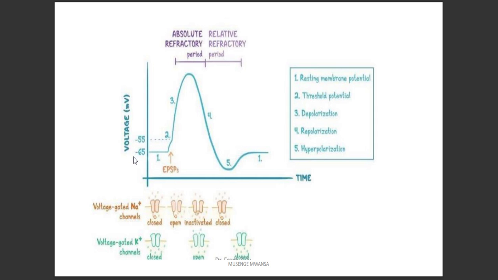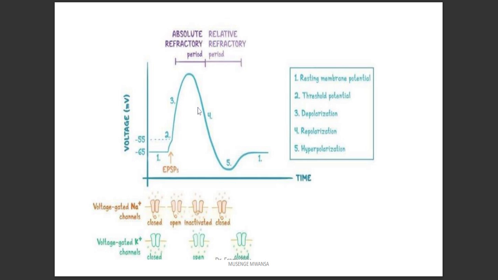So if inside the cell the charge is negative 65, I start reducing, I mean the charge. Now, if I'm going up, of course, it's not reducing, because I'm increasing. See, we have negative 65, we're going to negative 55. Negative 55 is bigger than negative 65. So what are we doing? We are depolarizing the cell.